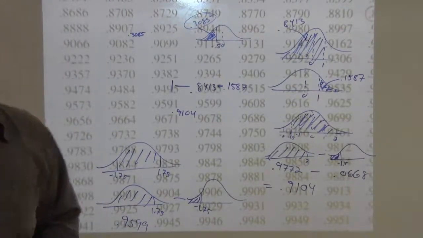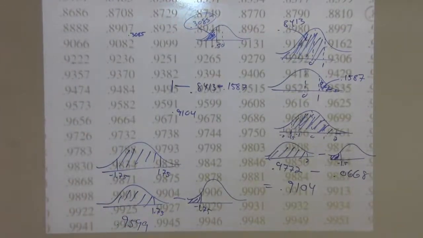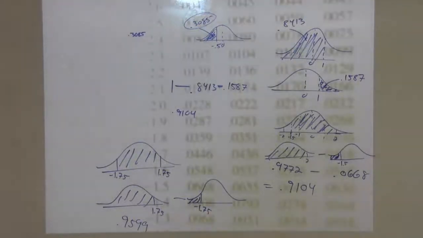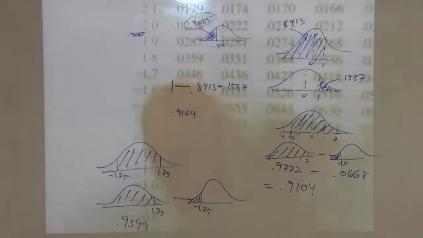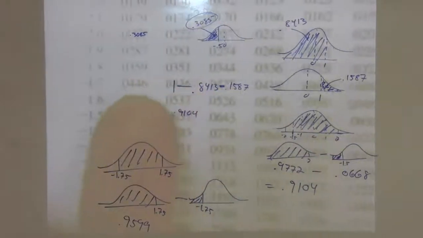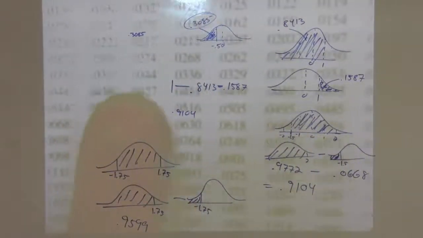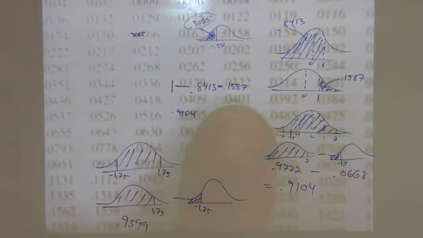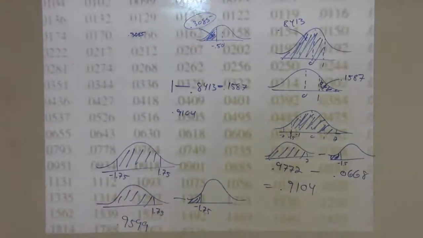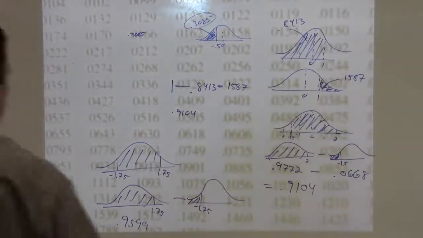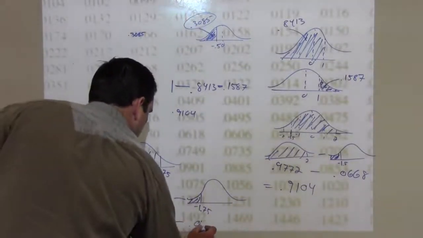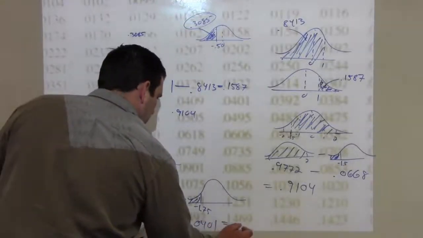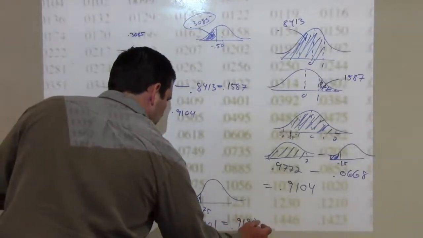Now let's look for negative 1.75. Here's negative 1.7, 1, 2, 3, 4, 5: 0.0401. We do the subtraction, 0.9599 minus 0.0401, and we get 0.9198.